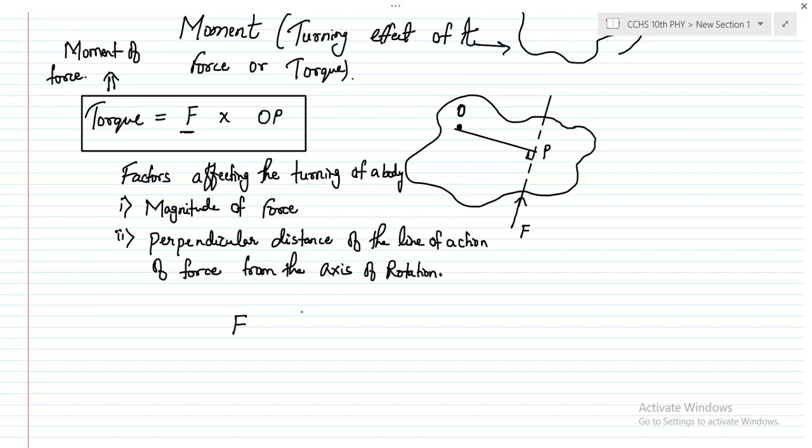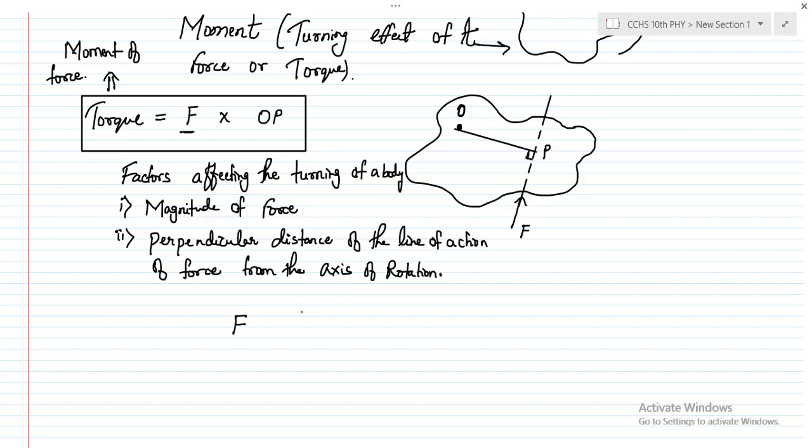Hinges are the objects about which the door rotates. That is, hinges are called the pivoted points. You can look at your figure in your book, page 3, figure 1.5, where the hinges are marked.